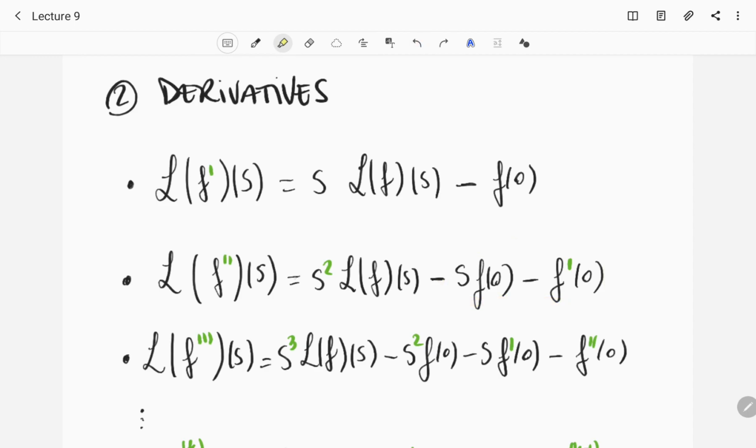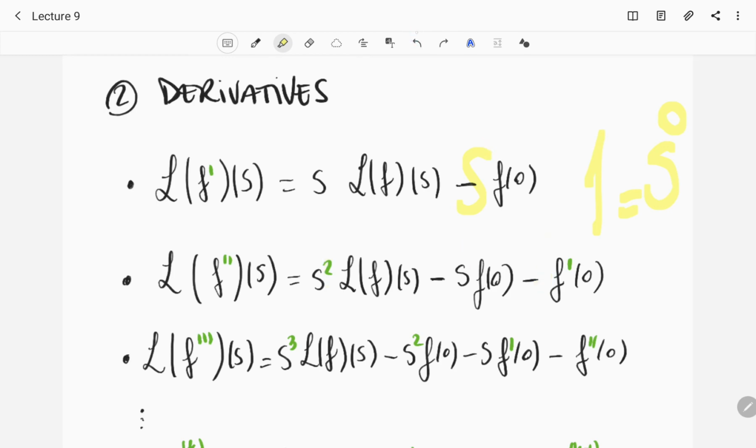And for the second derivative, we have next to the Laplace transform an s squared, and then next to f at 0 the s, and next to the derivative of f at 0, just a 1. Remember that 1 can also be seen as s to the power 0. So in some sense, here we have s to the power 0, s to the power 0, s to the power 1, s to the power 2.